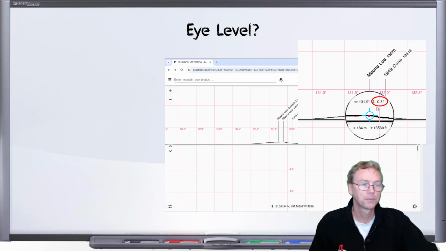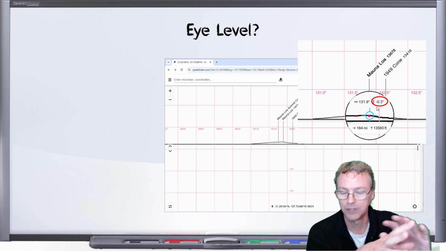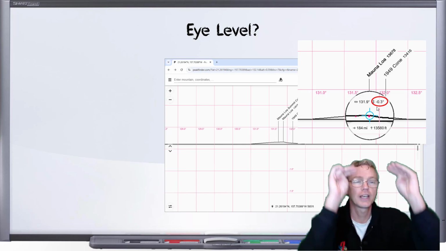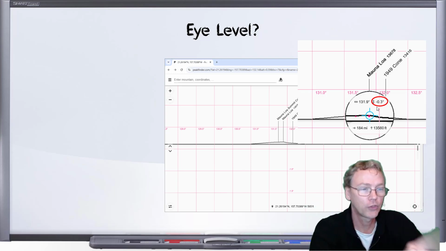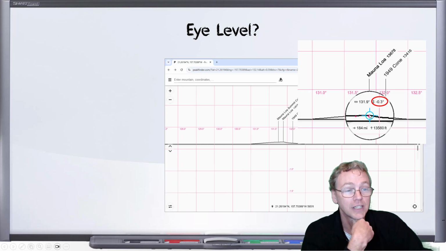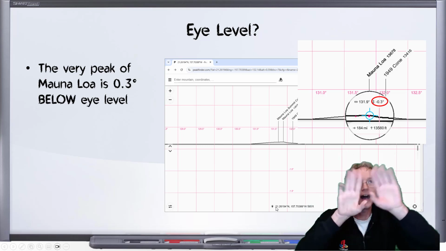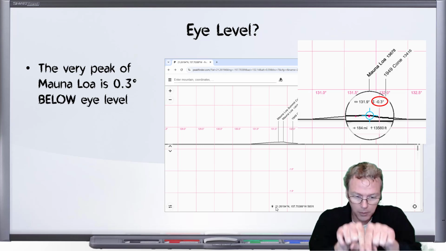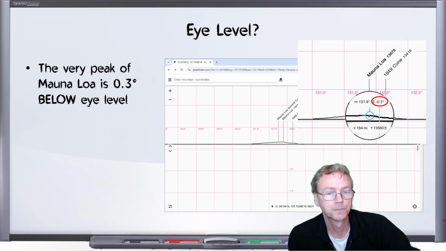That means, according to Peakfinder, not real, it's a simulation, according to the simulation, you must look down from eye level by 0.3 degrees in order to see the top of Mauna Loa from this observer position. The very peak, the top of Mauna Loa, is 0.3 degrees below eye level, according to Peakfinder.